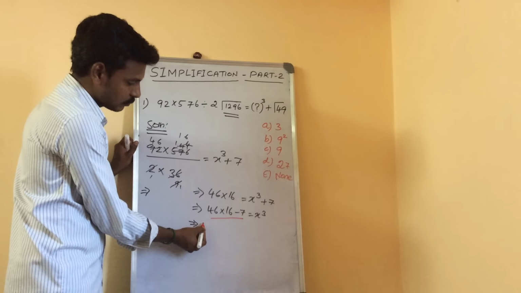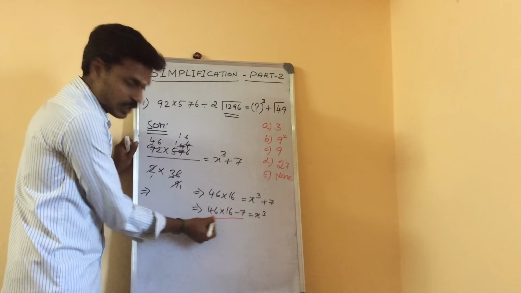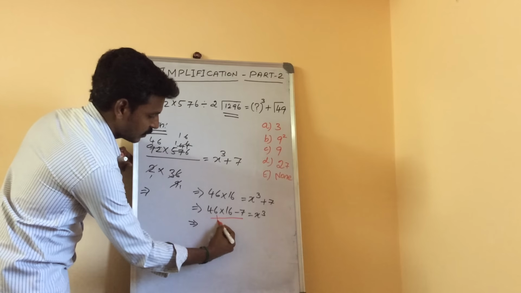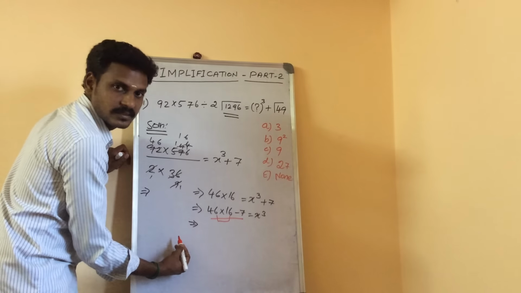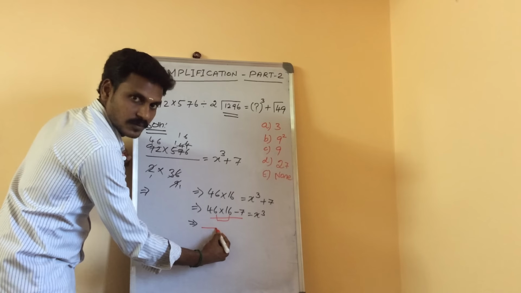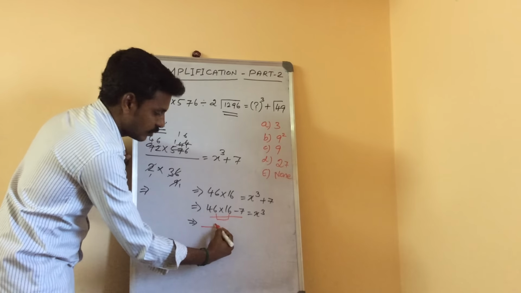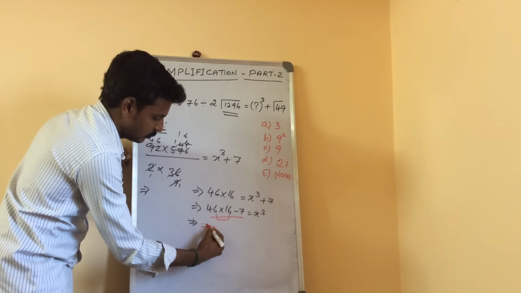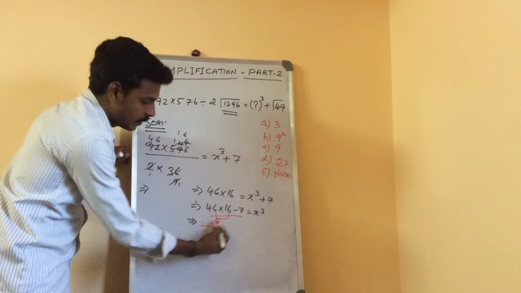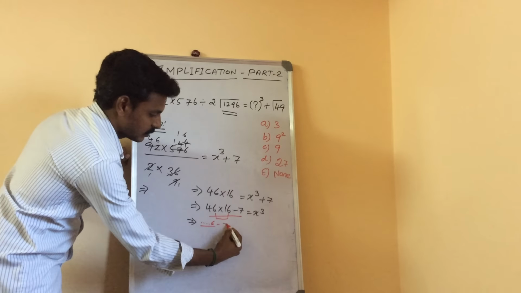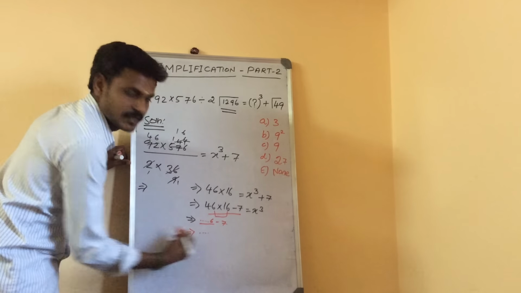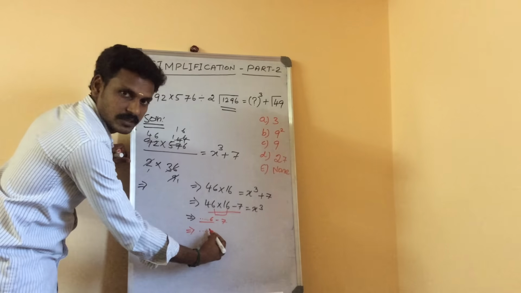As per the BODMAS rule, we need to do the multiplication first, then only you can subtract. See, take these two values, 6 into 6. What will be the answer? 36. So the answer will end with the value 6. So the last digit value is 6. Then minus 7. Then 6 minus 7, what will be the last digit value?